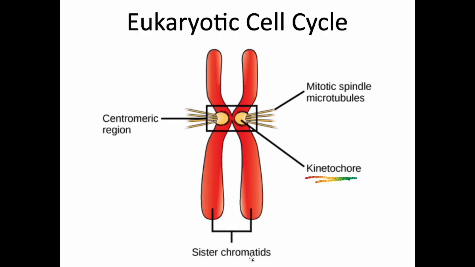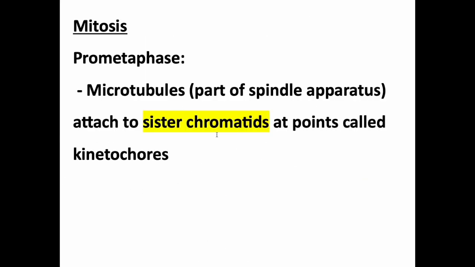I don't know why they call it a chromatid and not a chromosome, but in this context, when they are partnered up like this, they are called sister chromatids. And in fact, there's a definition of this in the key terms. The key terms define sister chromatids as two connected identical copies of a chromosome.